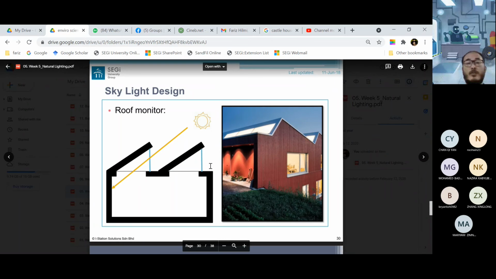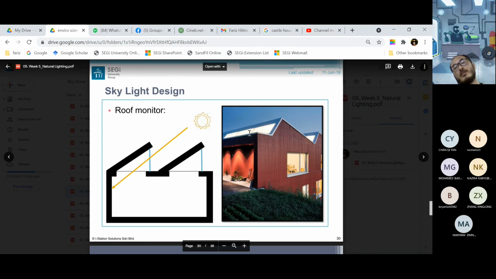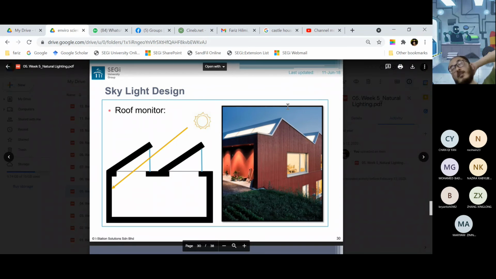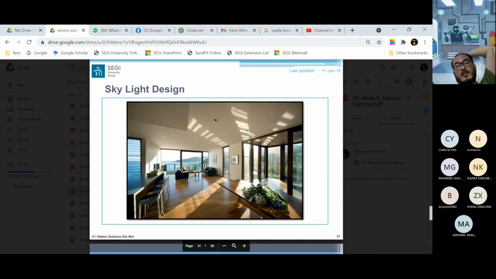Monitor roof is putting in the roof facing the south. For example, facing the north, then immediately you get light. Otherwise, you don't have to. Skylight design.